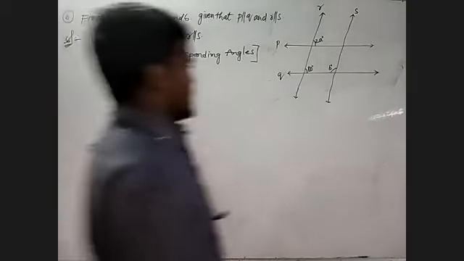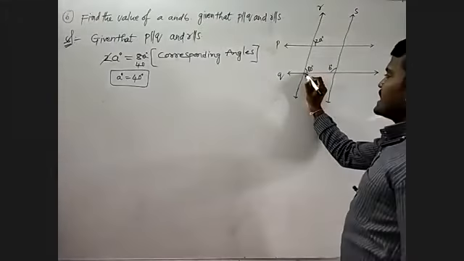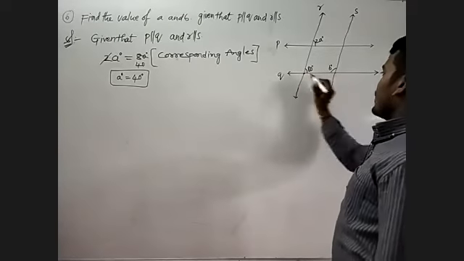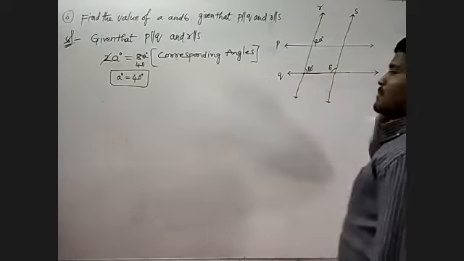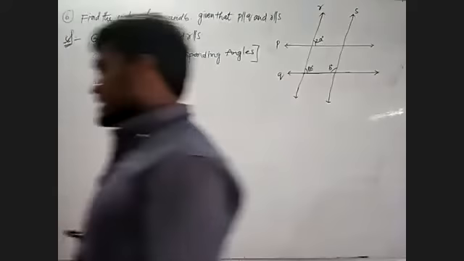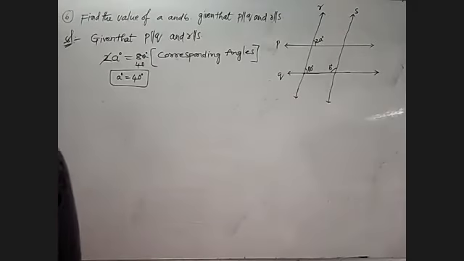Observe here, 80 degrees and angle B both lie on the same line. Same line means it satisfies the linear pair axiom or we take co-interior angles.